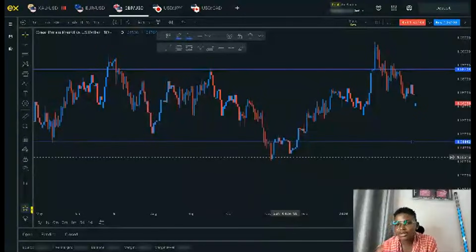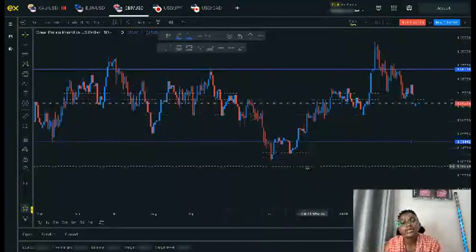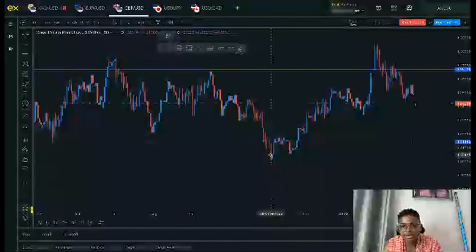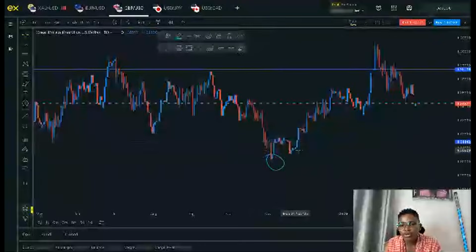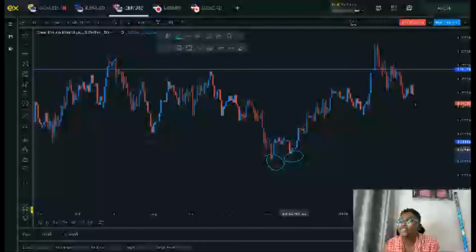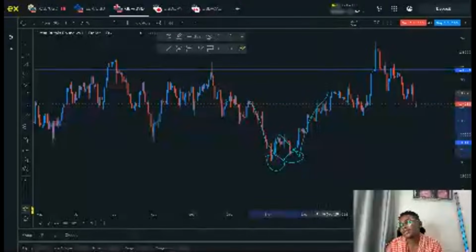On weekly is clearer. So you see that here on daily, GBP USD formed a double bottom, right? And when you say double bottom, it's giving us confirmation to buy, because double bottom is the W pattern.